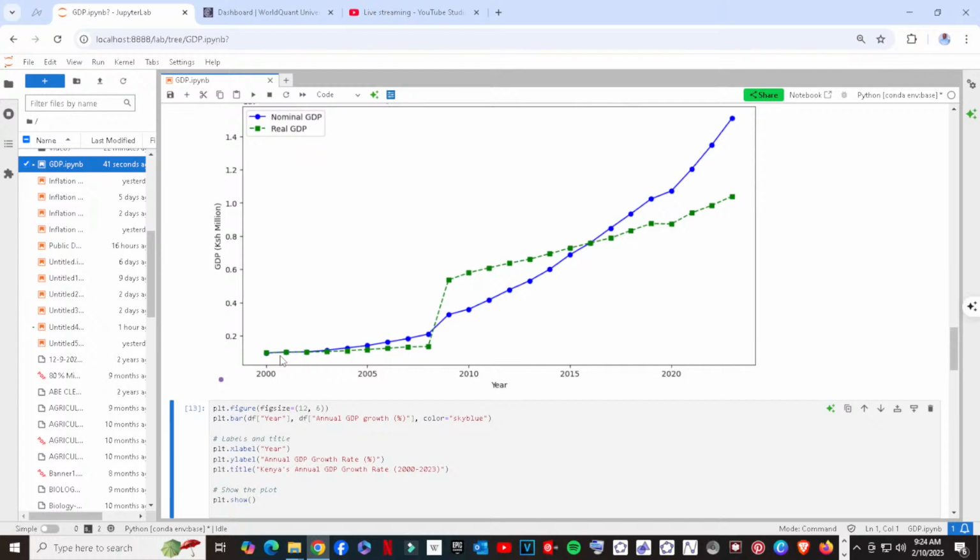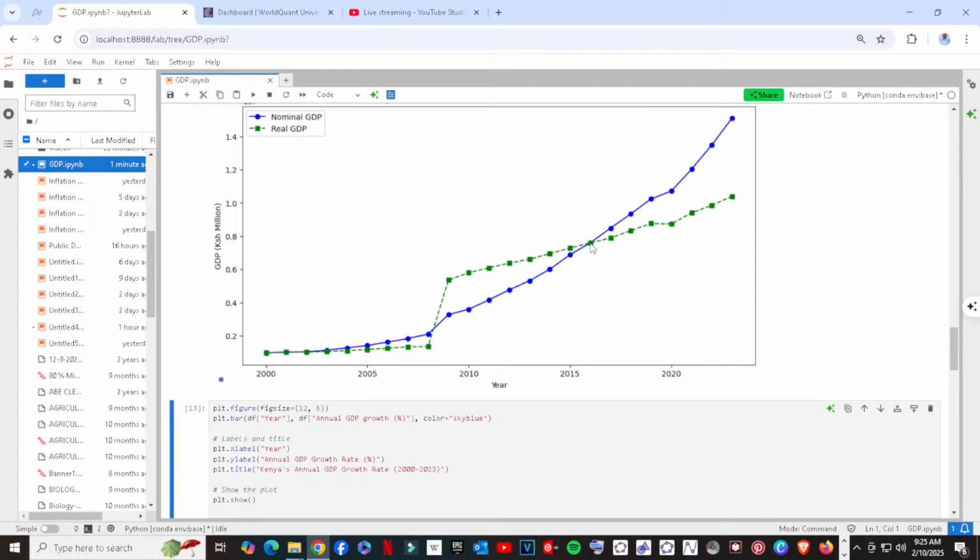And then as we move along, they start to depart. So we have a case where nominal GDP is greater than real GDP up to this point. And then the trajectory changes so that real GDP gets way above the nominal GDP, and it stays there for a while up to some year where they intersect again.